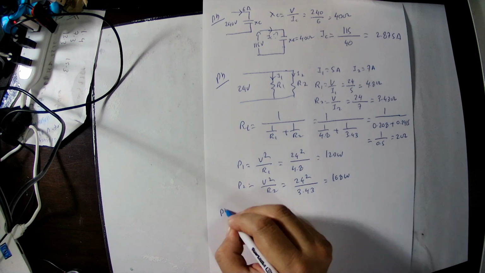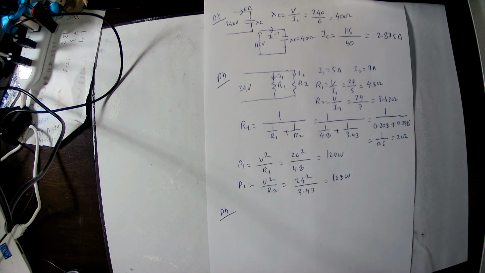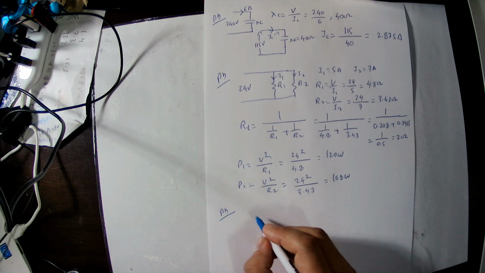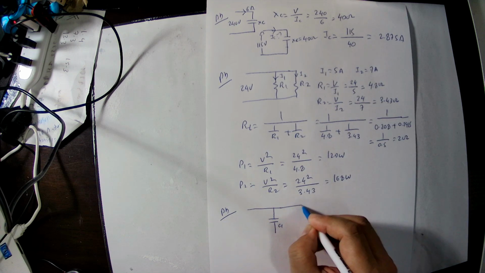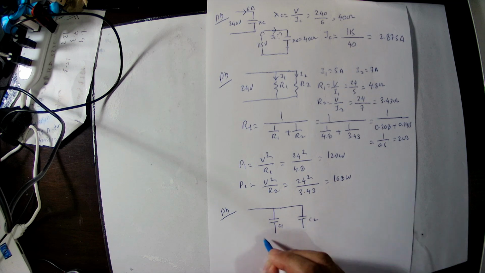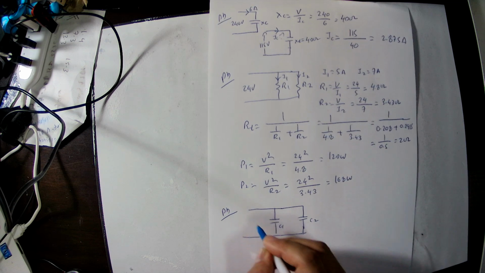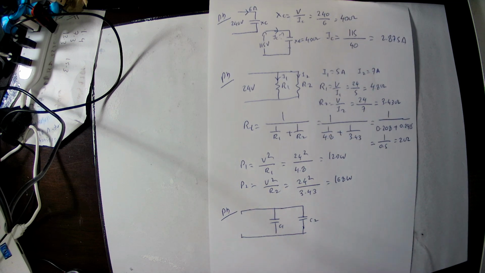The next one is another problem. Now we connect capacitors in parallel to the AC supply. Capacitor C1 and capacitor C2 are connected in parallel. We connect them to the AC supply, which is 240 volt, 50 hertz.